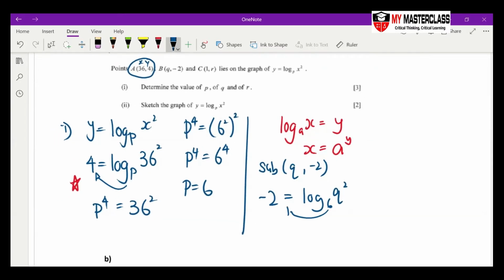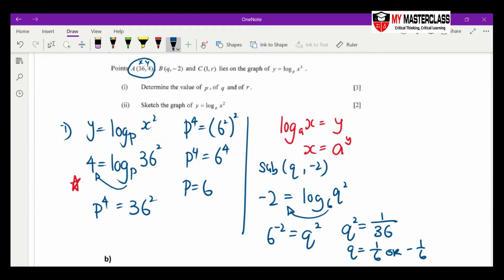Log base 6 is the inverse of 6 to the power of something. I bring the 6 over, so 6 to the power of negative 2 equals q squared. So q squared equals 1 over 36, q equals 1 over 6 or negative 1 over 6.